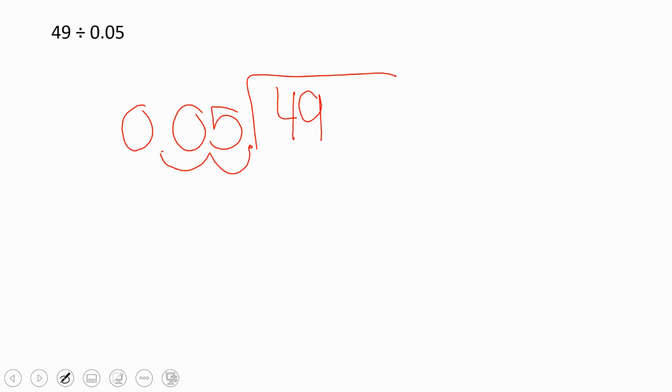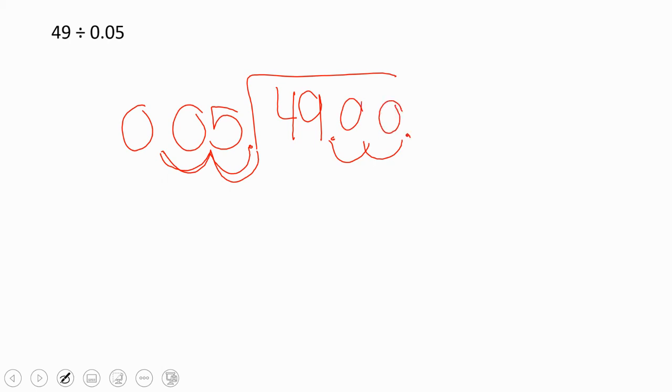Now, notice I had to move it 2 times, 1, 2 times. So I'm going to take my decimal point for my other number and move it 2 times. Remember, when you have a whole number, your decimal point is at the end. So I'm going to take that decimal point and move it 1, 2 times. I have to fill those spaces in with zeros.